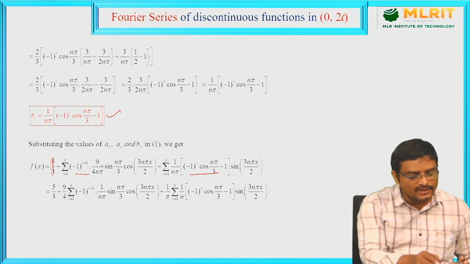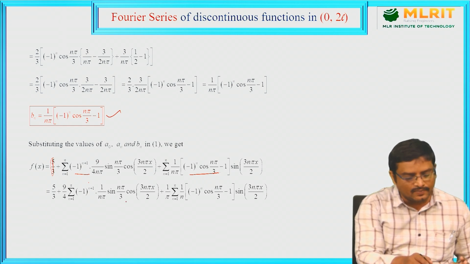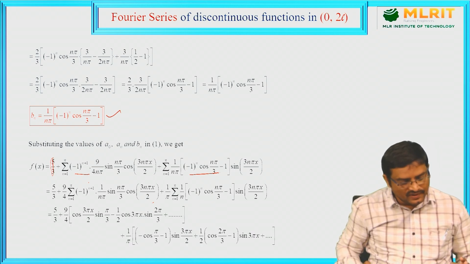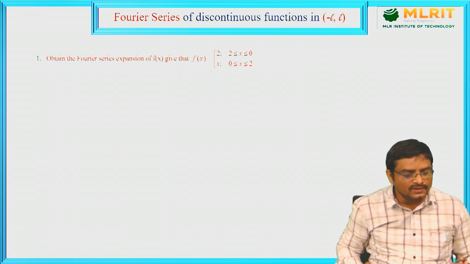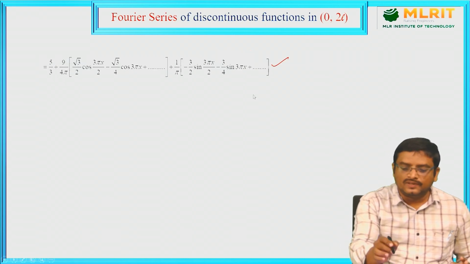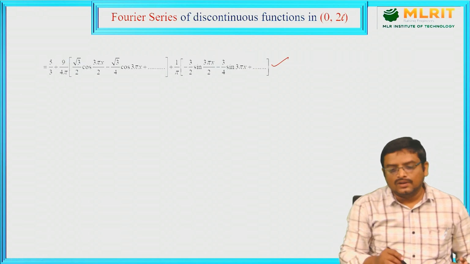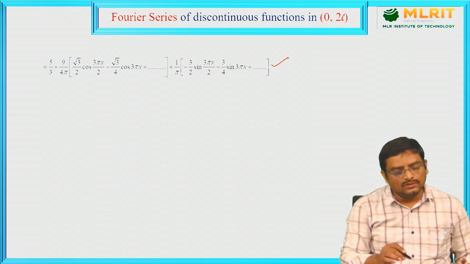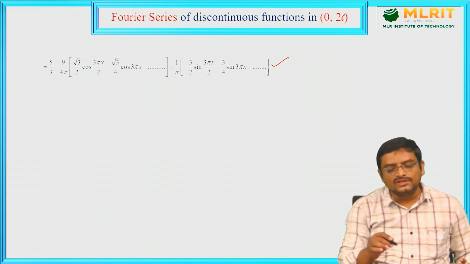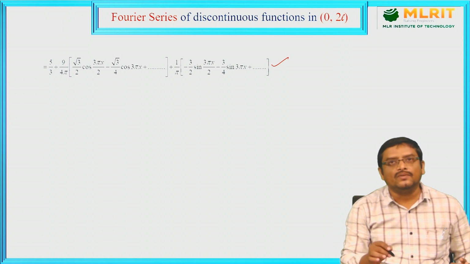The remaining one is 1 by n pi sine n pi by 3 and this cos. And here also we can take this constant term outside. So after simplification, finally you will get, this is our Fourier series expansion for the given function in the interval 0 comma 2l. This is the way how we can find out the Fourier series for discontinuous functions in arbitrary intervals.